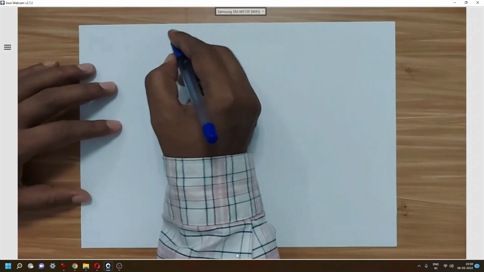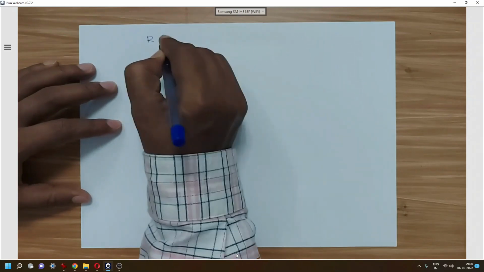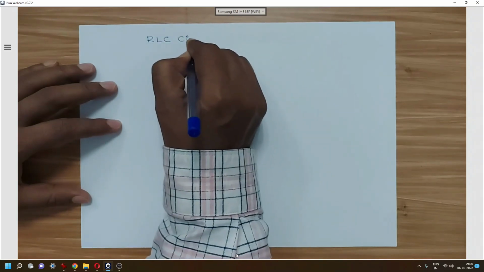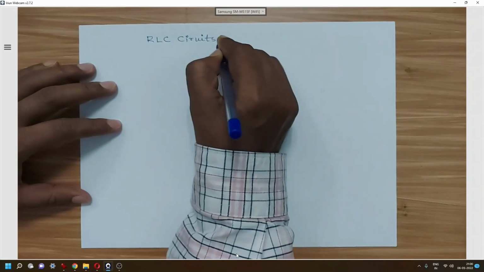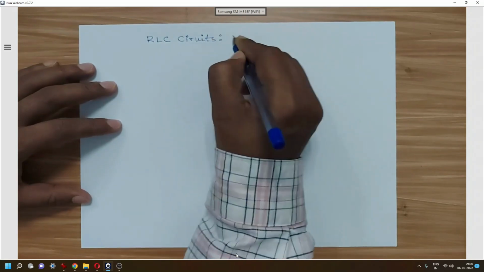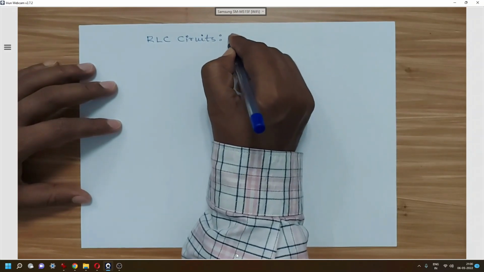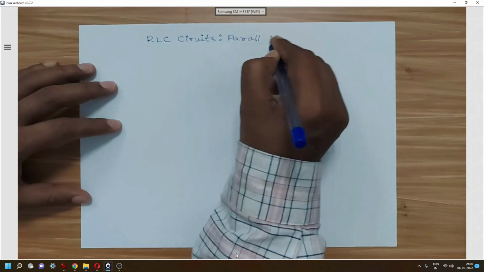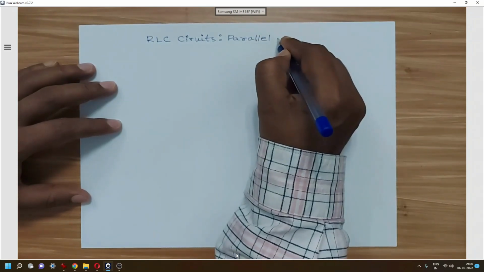Good morning all. Today we will discuss about RLC circuit, where the R, L and C all are connected in parallel.